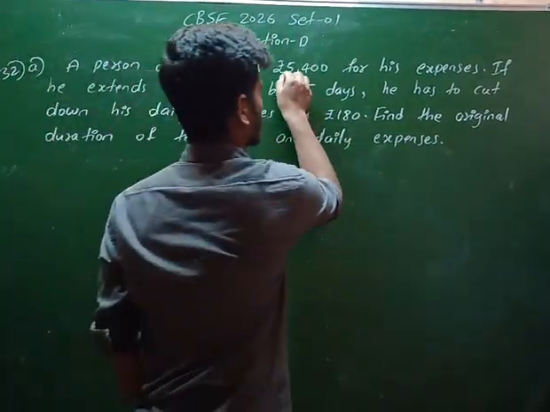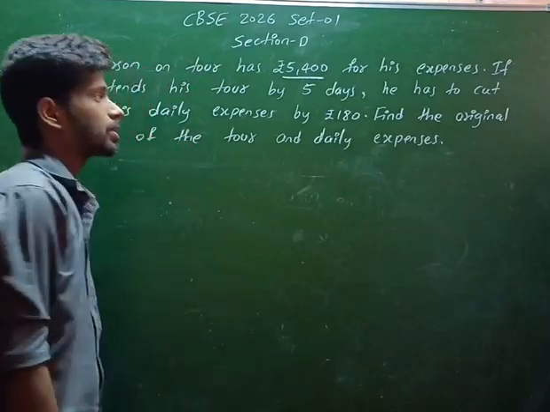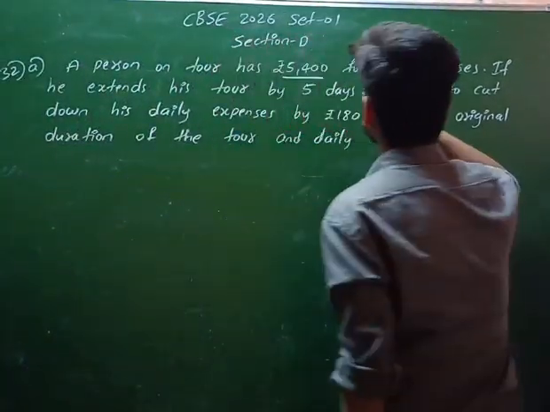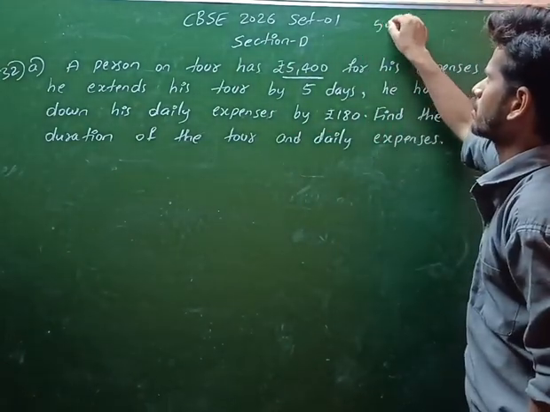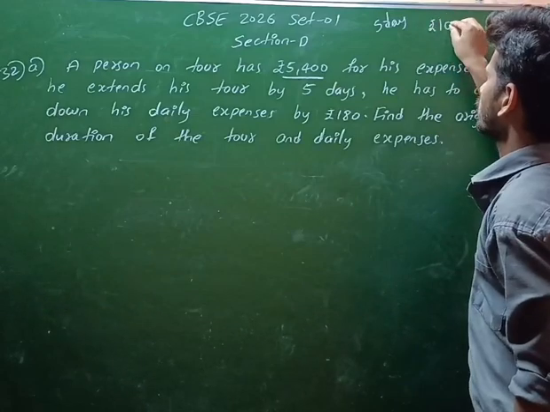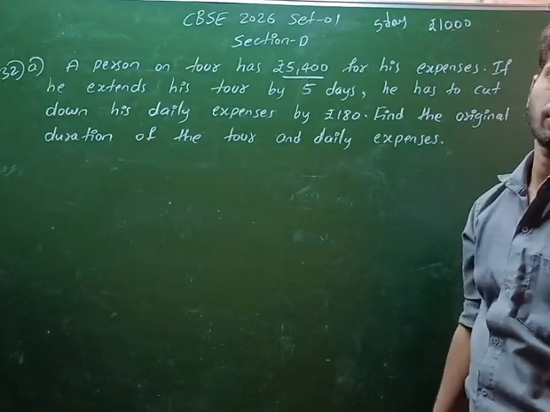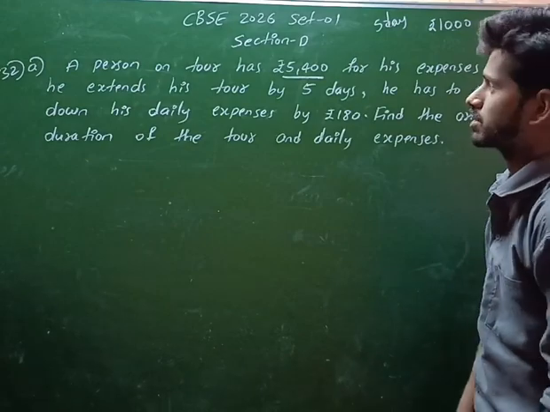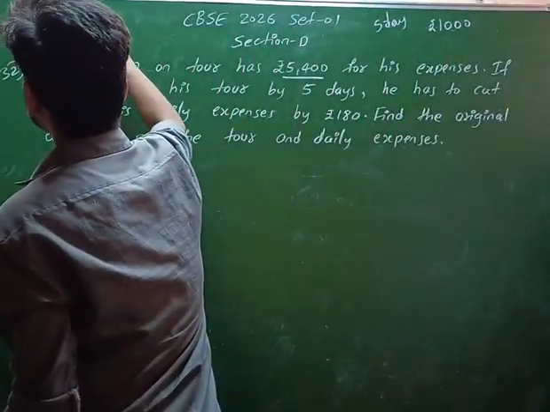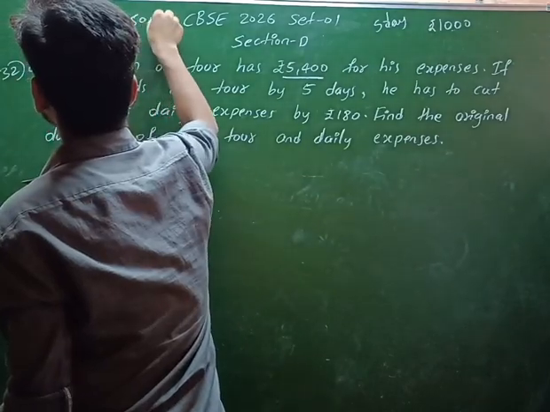That is this 5,400. Say, for example, you are going on a 5-day trip and spending 1,000 rupees daily. Then your total expense is the number of days multiplied by the expense per day, so it will be 5,000, right?